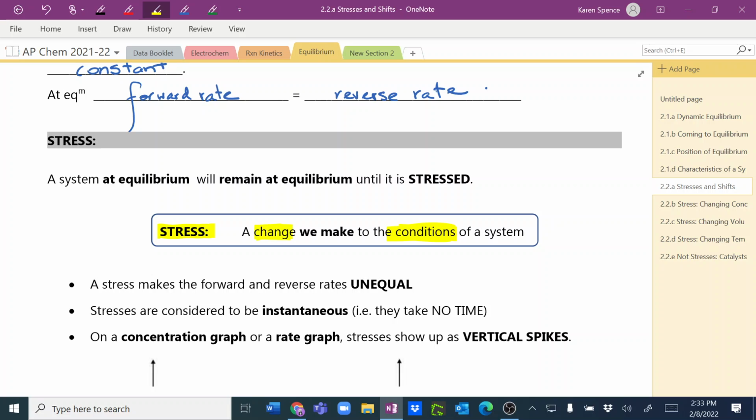Now, in these tubes, these tubes are glass tubes.